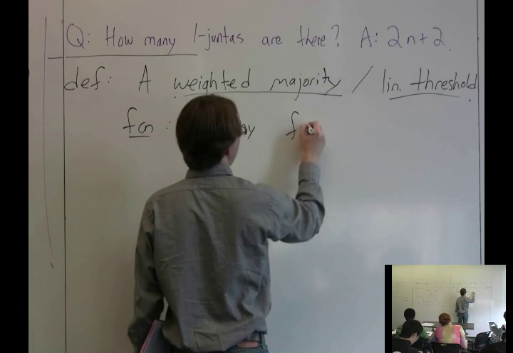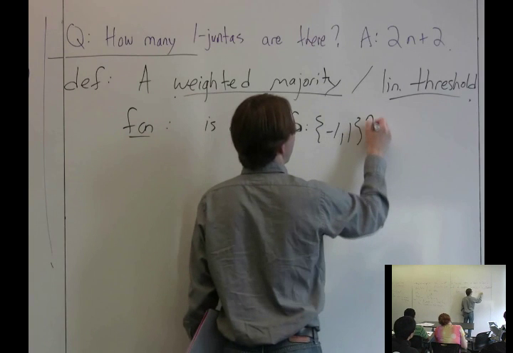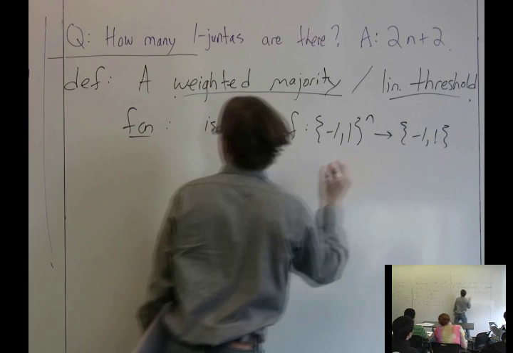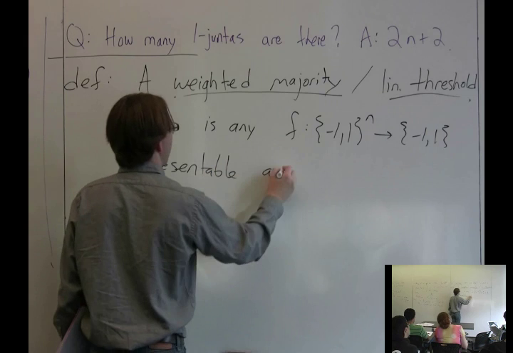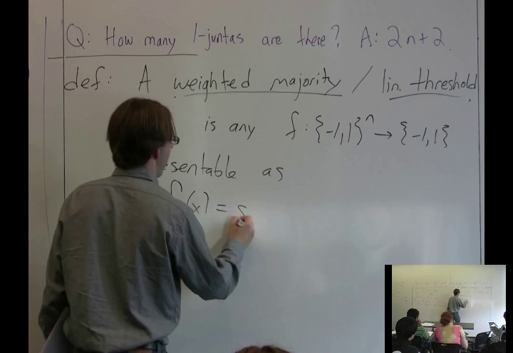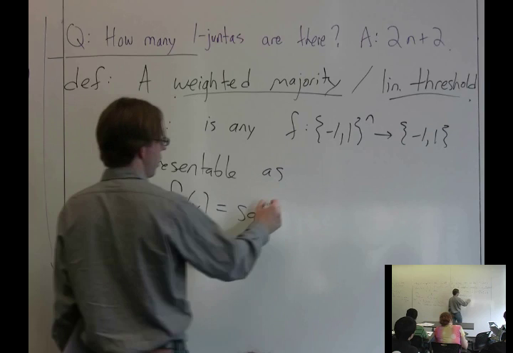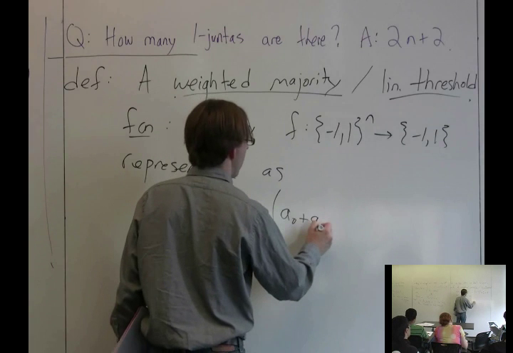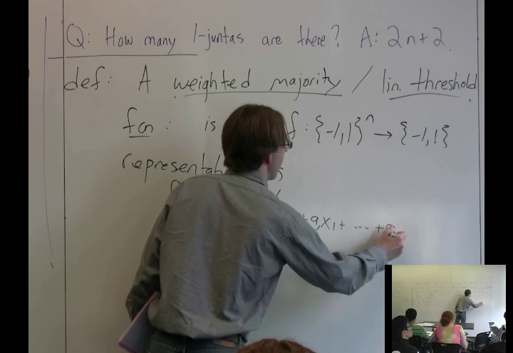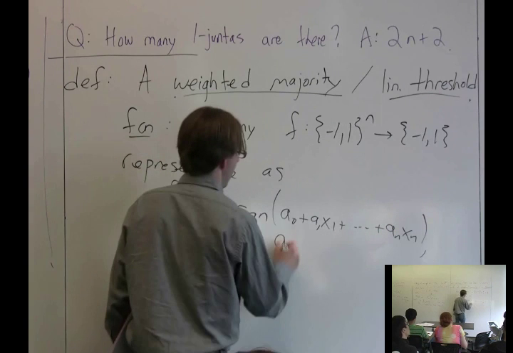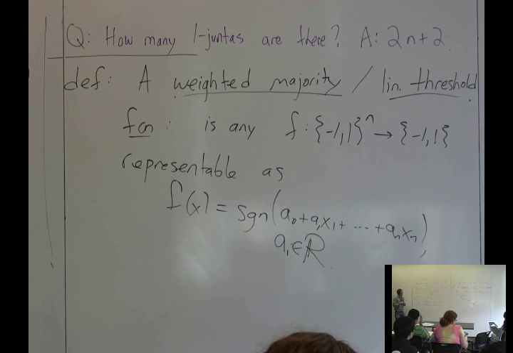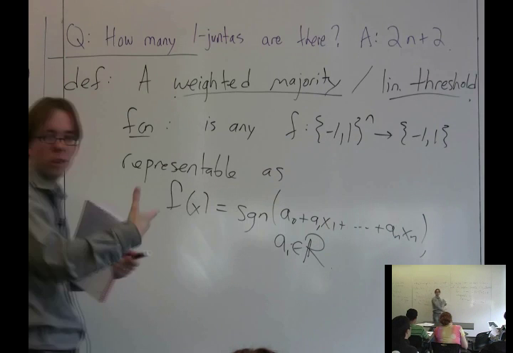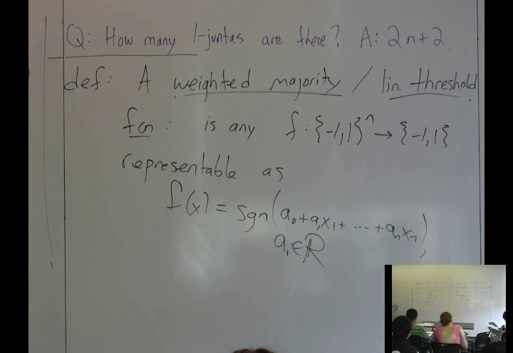Is any f representable as f of x equals the sign of some linear function over the reals, so a0 plus a1 x1 plus dot dot dot plus an xn, where these ai are reals? Most likely you would think of the ai as being positive, so that your vote is positively correlated with the outcome, but we allow the opposite too.